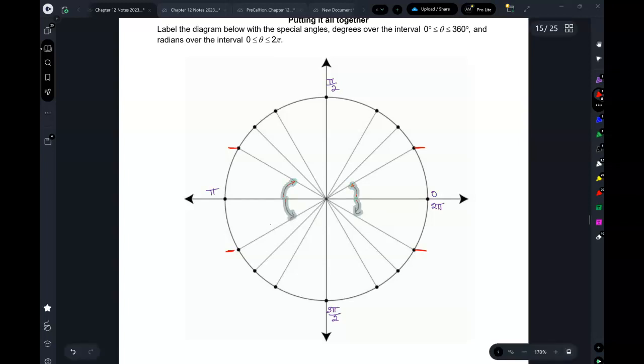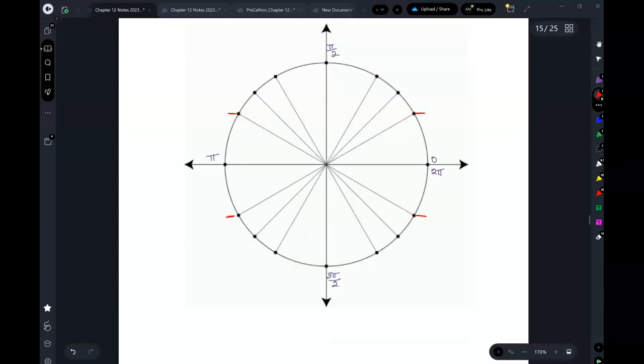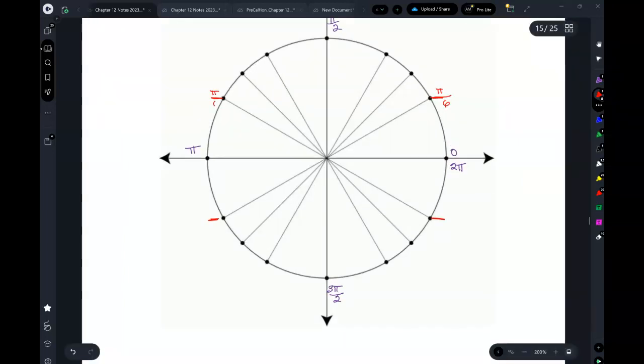Now, the smallest increment is when you divide it into the 6. Remember, we divide into 3s, 4s, and 6s. When you take 1/6, that's the smallest amount of like chocolate you'll get. So this will be pi over 6. Now, all of those other ones that I've labeled are also going to be something pi over 6.